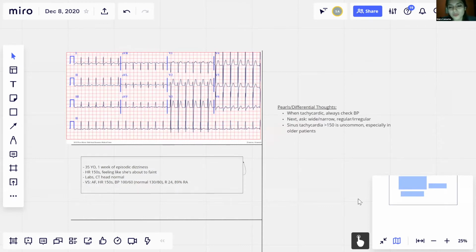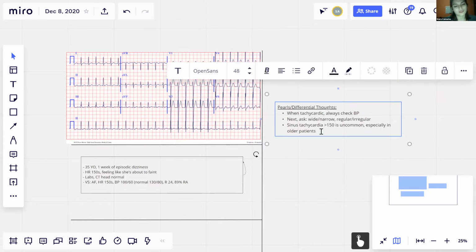But first I have to treat the emergency, which is the supraventricular or paroxysmal tachycardia. I think the first thing to do is a carotid sinus massage or Valsalva. This can be the thing that helps her, and if not, adenosine.